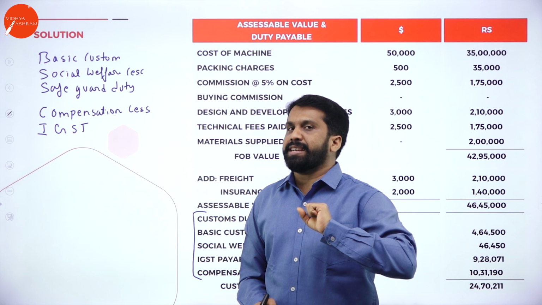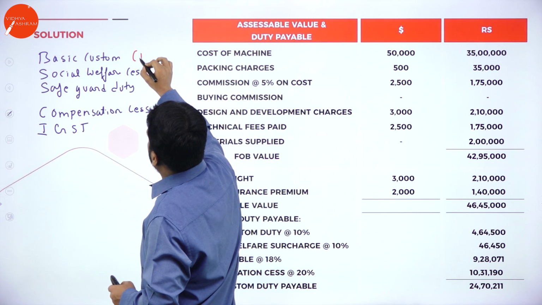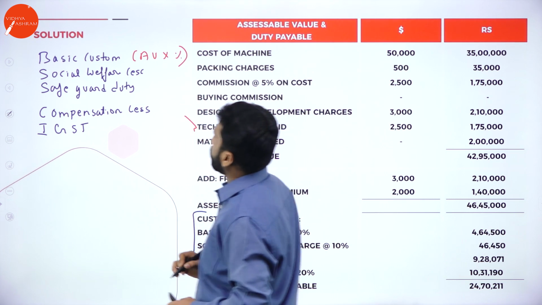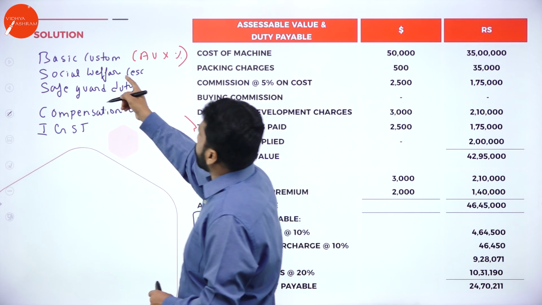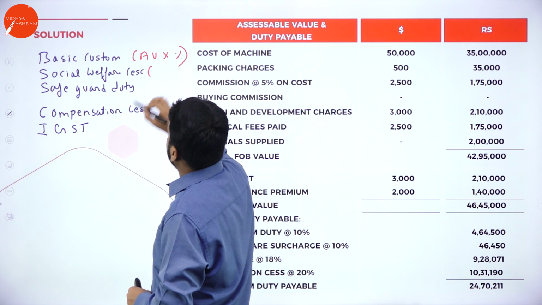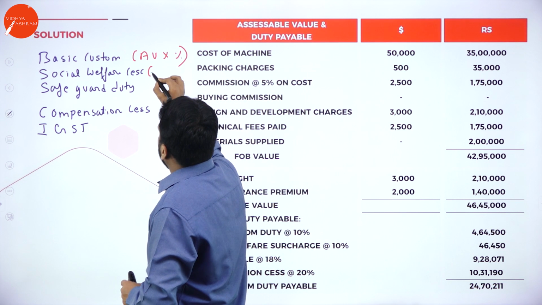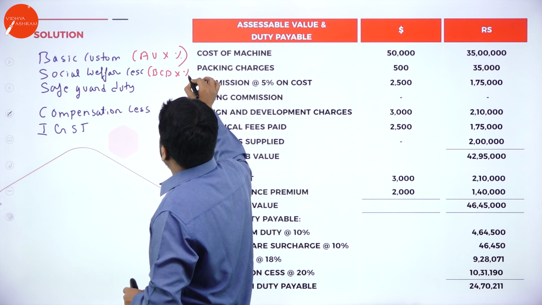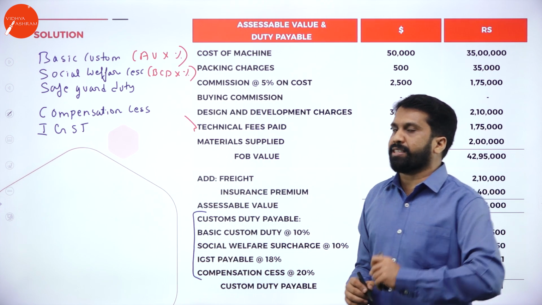How to calculate this now? If they give basic custom duty, remember, assessable value into percentage. Whatever assessable value you got, on that percentage. Social welfare cess: whatever answer you got from basic custom duty, multiplied with the percentage.